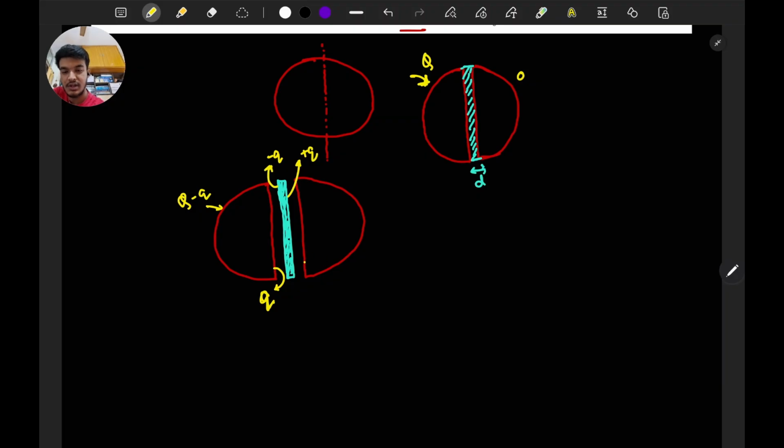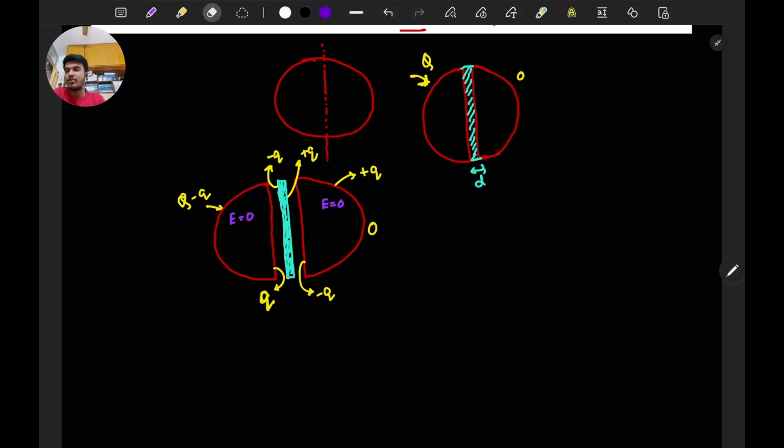Similarly, minus q would be induced in this flat surface of the hemisphere due to the contacts and the proximity, and the law of charge distribution, and plus q would be induced on the flat and the curved surface to maintain the neutrality of this hemispherical part. All right, so this is my charge distribution scenario. It's quite similar to how we do in capacitors, right?